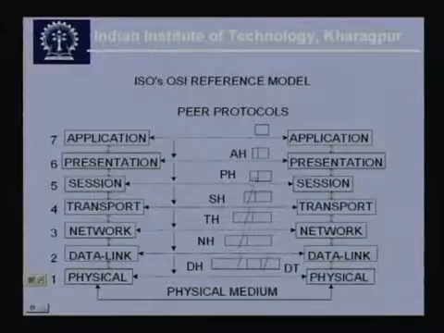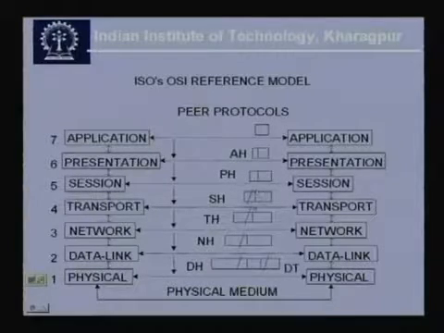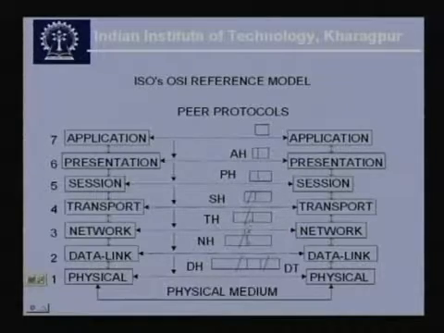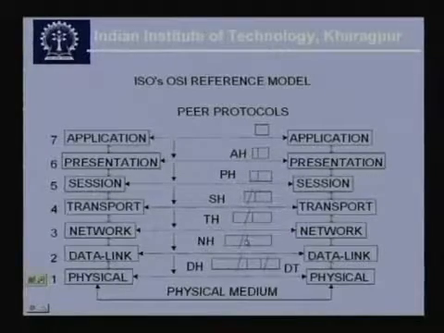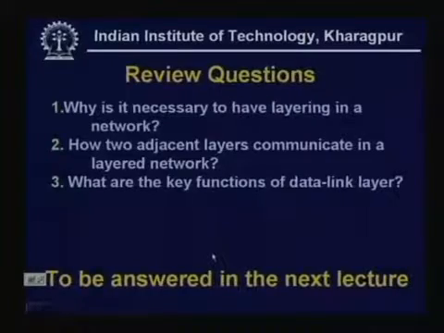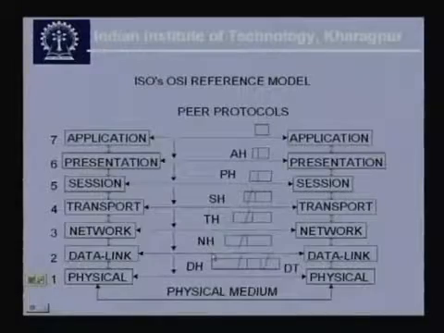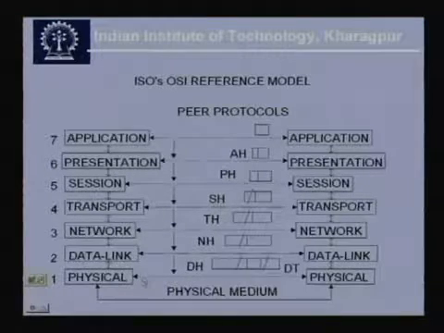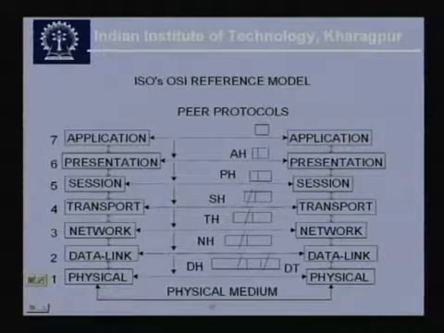The presentation layer in turn will put a header on it and send it to the next layer, the transport layer. The transport layer will put a header on it and send it to the network layer. The network layer will put a header on it and send it to the data link layer. And the data link layer will send it to the physical layer, and the physical layer will perform the communication.